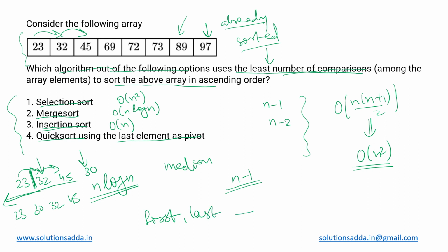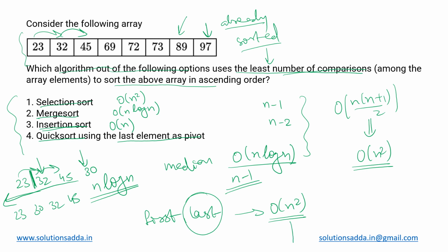They will give order of n squared comparisons, whereas if we had gone for the median or something else, we would have reached the best case or average case complexity of order of n log n. But because we are taking the last element as the pivot, it will give n squared for the sorted array. So again, this one gives order of n squared comparisons.